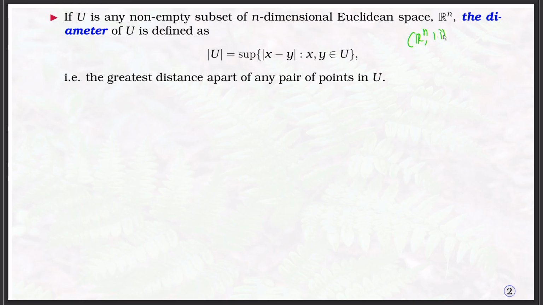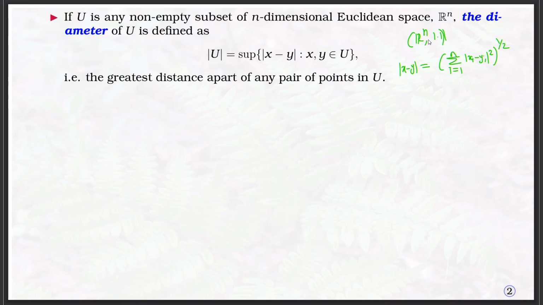Just to remind you once again, the distance between any two points is defined as |x - y| = (sum for i equal to 1 to n of (xi - yi)^2)^(1/2). With respect to this, it forms the Euclidean space. We are considering n-dimensional Euclidean space.